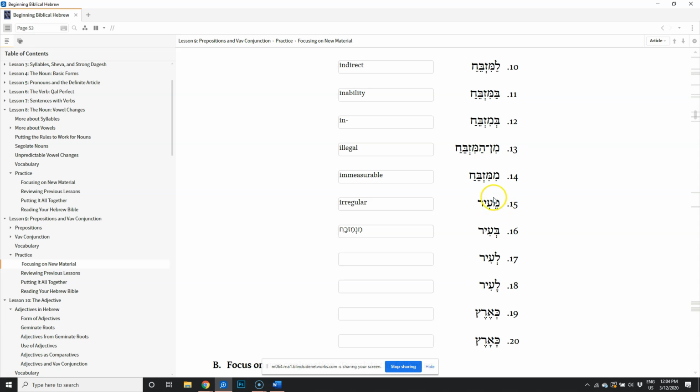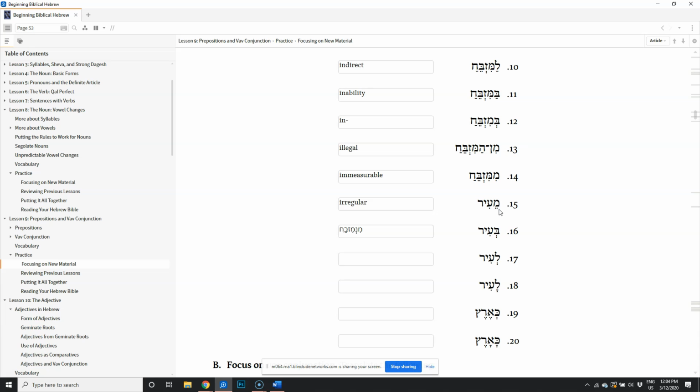What's happened here is in min, usually because that noon is closing a syllable, when noon closes a syllable, it usually assimilates into the very next letter. Well, that's what's going on here. It can't assimilate into ayin, and so in order to compensate, the hireq of min has lengthened to a sere. And so you might ask, how do you know when the definite article's there? If it's lengthened and there's no dagesh already, how can you tell?